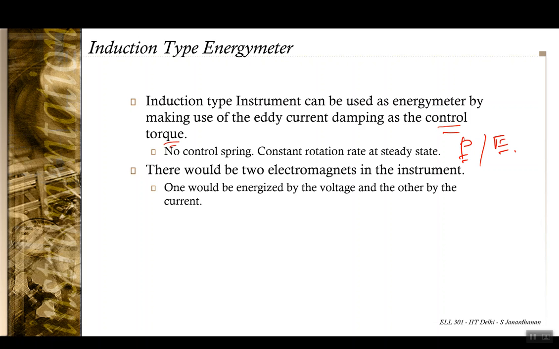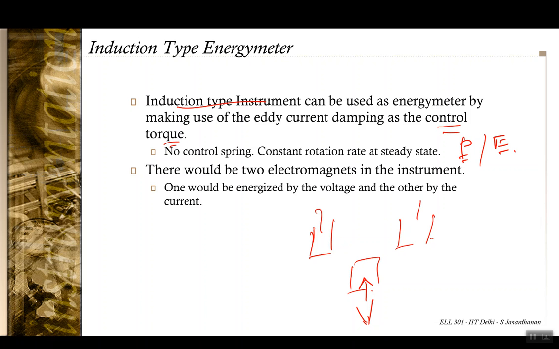Now, in case of the use of an induction type instrument as an energy meter, you would have two electromagnets. One of these electromagnets would carry a current that will be proportional to the voltage.